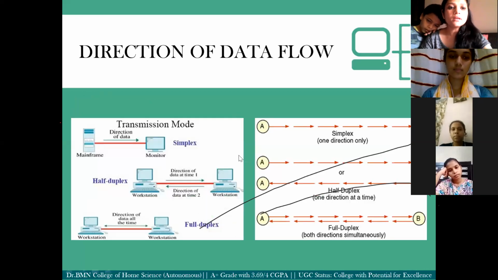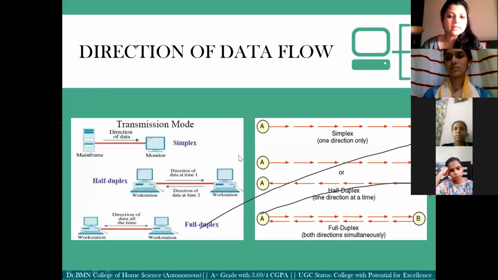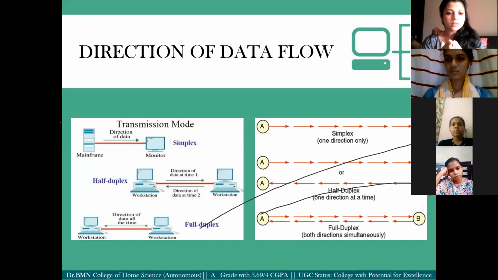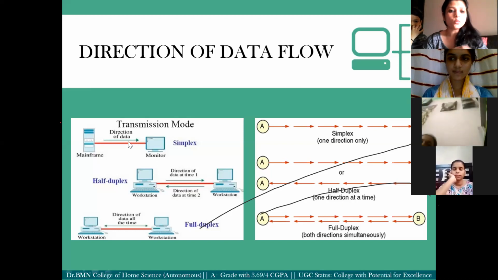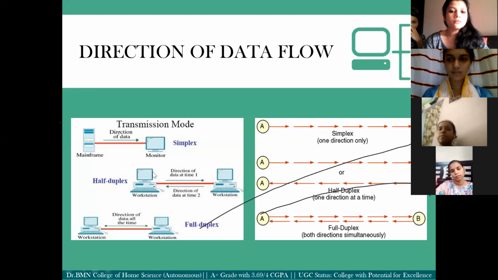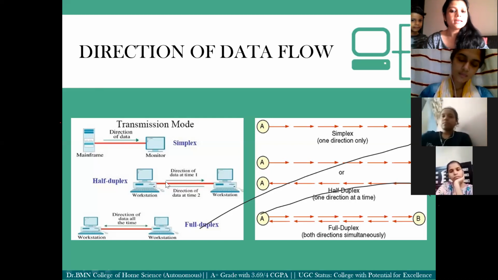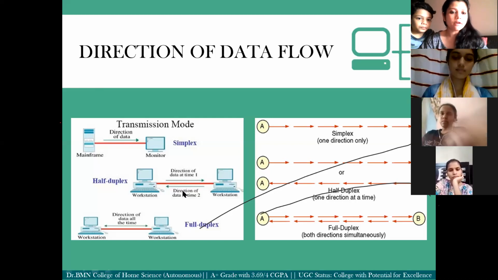Now see, I have given two pictorial representations which give you a consolidated diagram of all the three modes. On the left side, in the left diagram, transmission mode, mainframe to monitor, this is simplex because the direction of data is only in one direction. Then here, workstation to workstation is one at a time, half duplex.